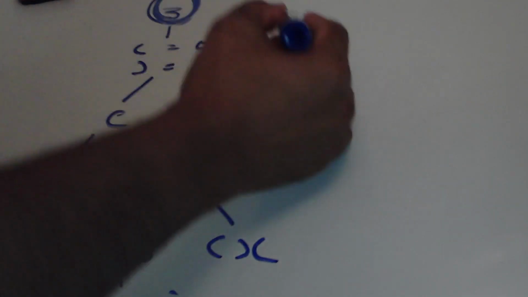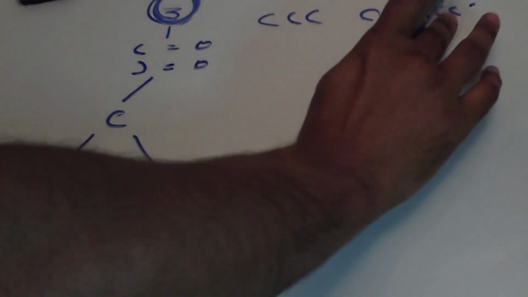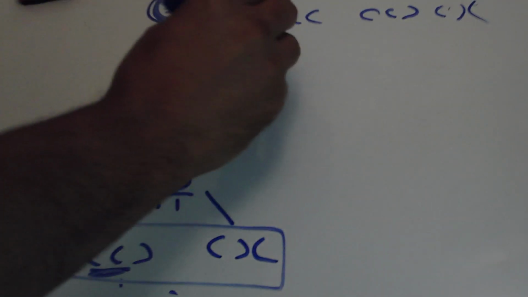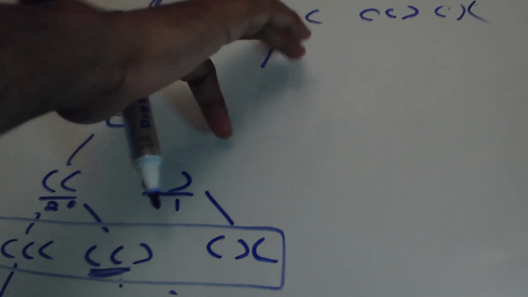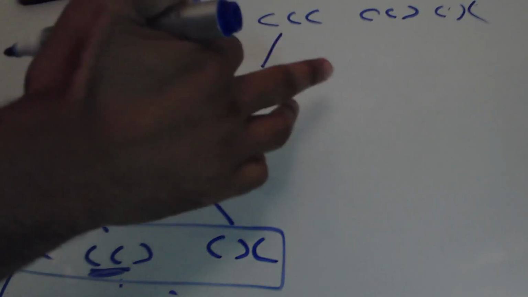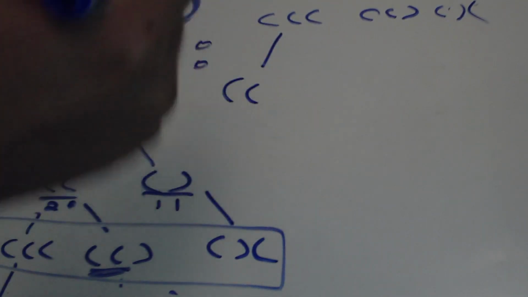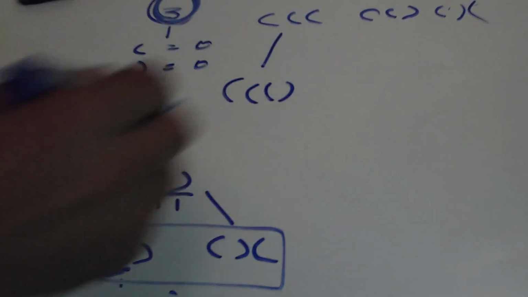So now let's start from here. In this particular case, we already have three opening parentheses, so we cannot add more; we can only add the closing one.